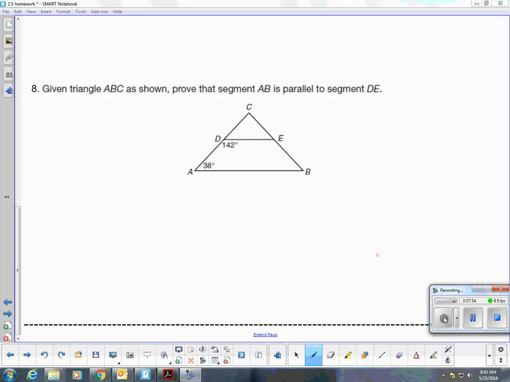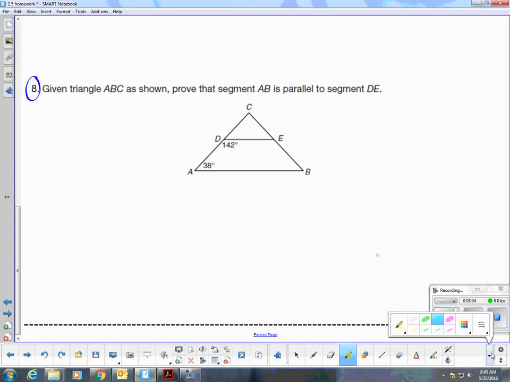So in number 8, I'm given this figure and I'm trying to prove that segment AB, let's highlight that, segment AB is parallel to segment DE. So what I notice is that I have two lines, and I can extend those two lines.